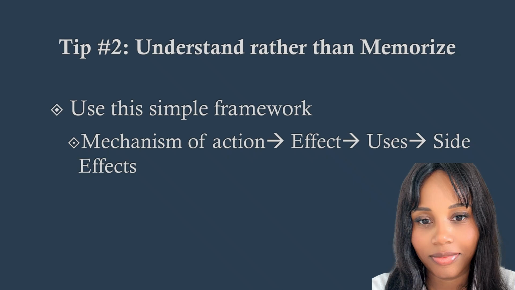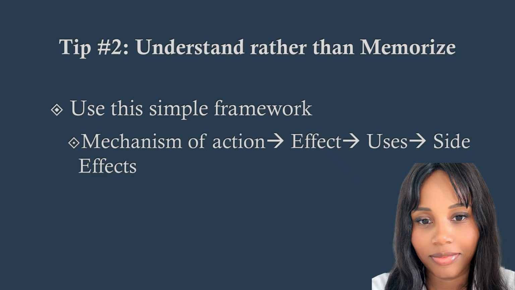Now, side effects. Let's take bradycardia. Bradycardia is an example of a side effect of beta blockers. Instead of trying to memorize it, let's think it through, okay? They can lower the heart rate, right? So if they can lower the heart rate as their effect, if they work too well, then they can cause bradycardia.